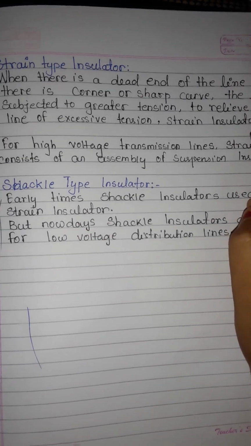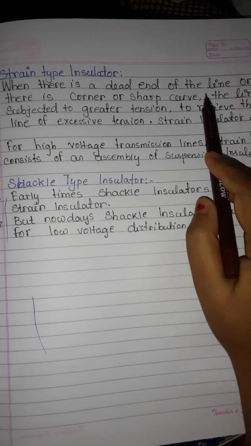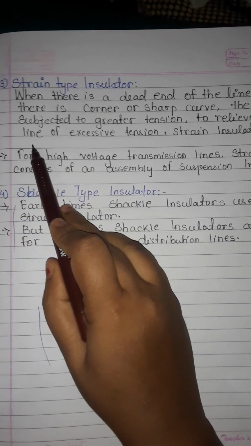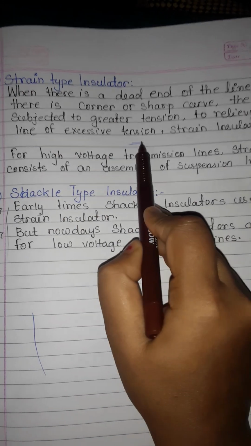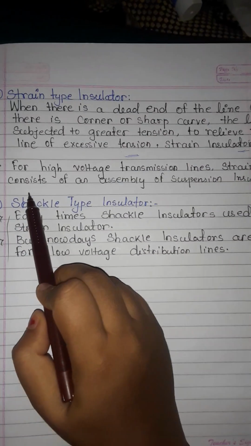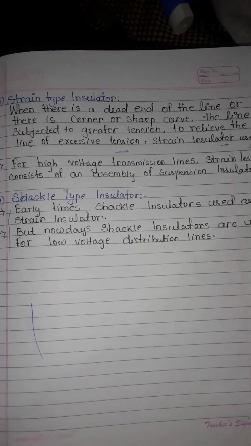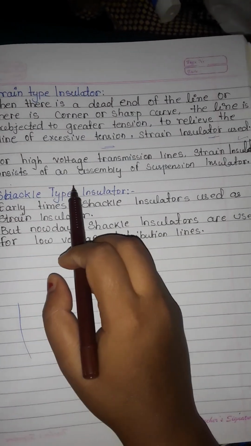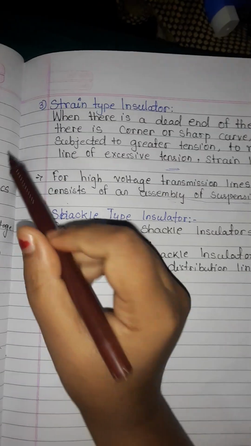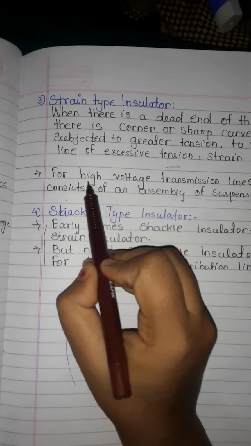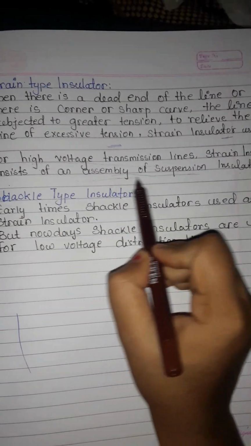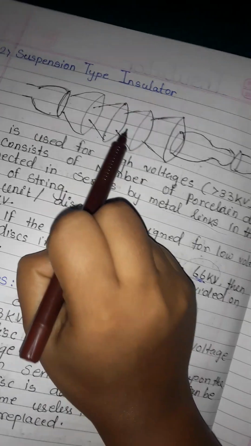For high voltage transmission lines, the strain type insulator consists of an assembly of suspension type insulators. Remember, the strain type insulator is used in high voltage transmission lines and consists of an assembly of suspension type insulators.